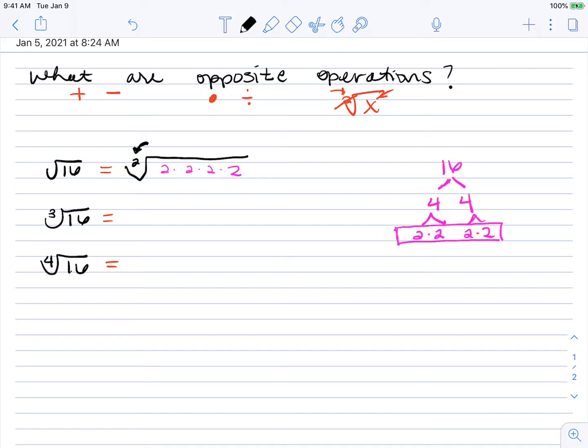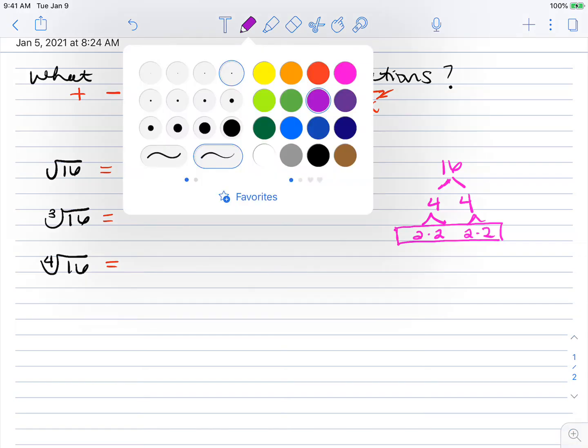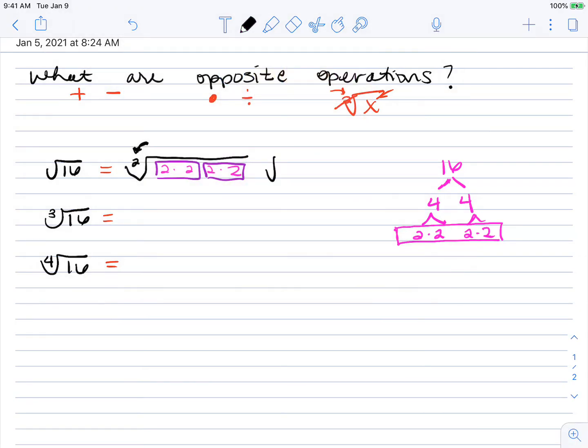So when I have an index of 2, what that tells me is I want to rewrite the product underneath the radical with powers of 2, because the index of 2 and the power of 2 are opposite operations. So I'm going to group these into 2's. And I can rewrite that as the square root of 2 squared, and that's an index of 2.